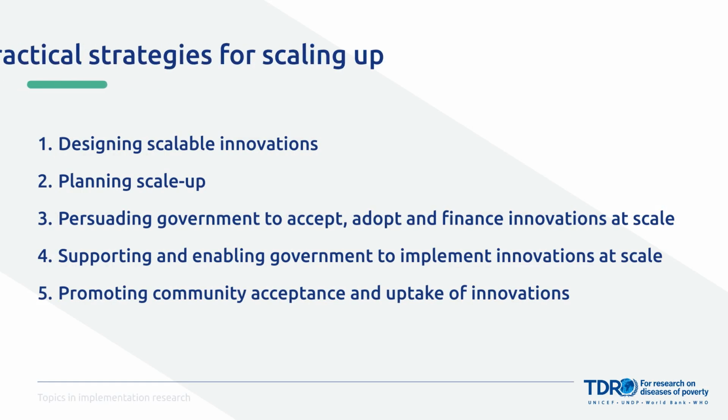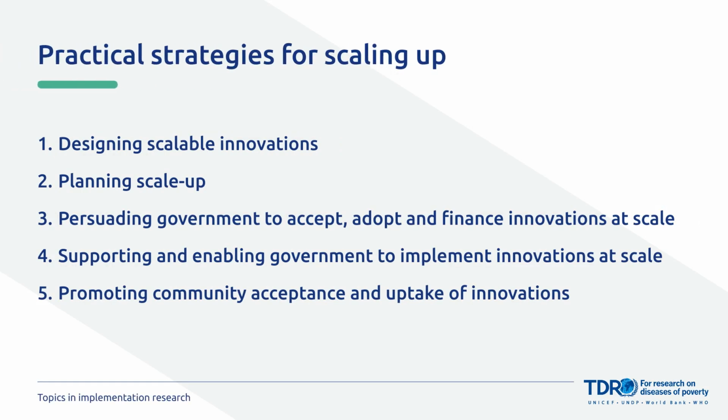The frameworks we reviewed are useful for guiding efforts to scale up, but need to be complemented by practical strategies. There are at least 5 strategic activities to consider: designing scalable innovations, planning scale-up, persuading the government to adopt and finance innovations, supporting government implementation, and promoting community acceptance.